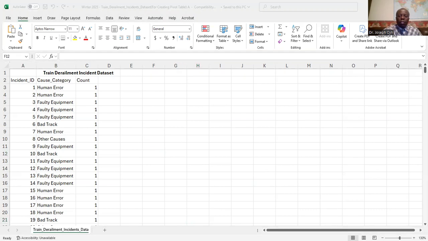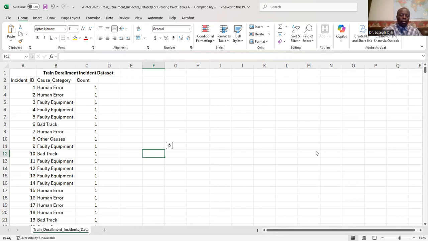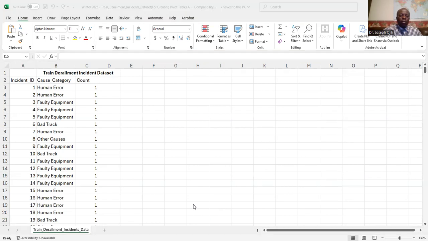Let me share this. Oh, this is right here. Can you see the screen of this data set? Can you see it clearly? Yeah. Okay, good.